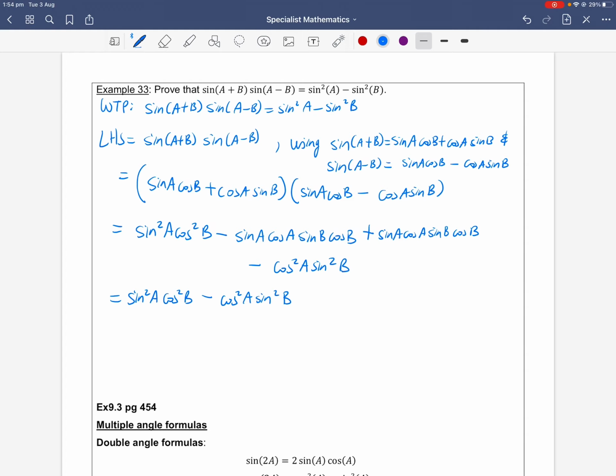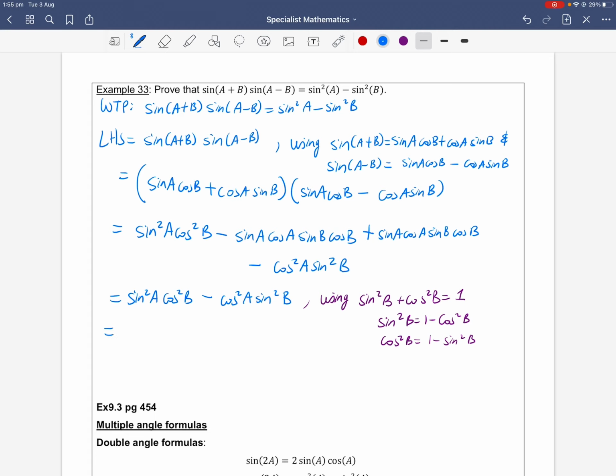So what we can do right now is turn our cos squares into 1 minus sine squares, using the identity that sine squared plus cos squared equals 1. So the idea of using sine squared b plus cos squared b equals 1, or in other words, sine squared is 1 minus cos squared, and cos squared is 1 minus sine squared.